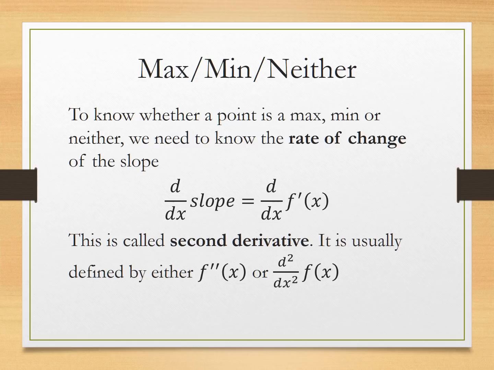It's usually denoted by f prime prime x or d squared dx squared f x. They mean the same thing. That means you are taking the derivative twice. When you take the derivative of a function, you get another function. Since it is a function, you can take the derivative again. You can actually take it many times. It's just that in economics, we typically do not need more than the second derivative.